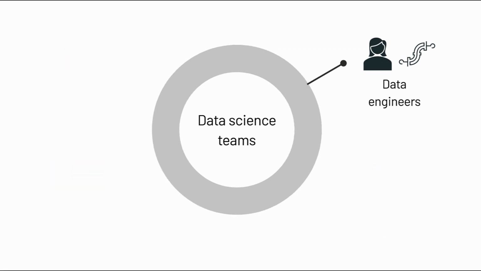So let's start off with data engineers. Data engineers develop, construct, test, and maintain data pipelines. Data pipelines take data from its raw data source and they move it along to where it can be used at different stages of a data analytics or a machine learning project. You can think of data engineers as sort of your first line of defense.